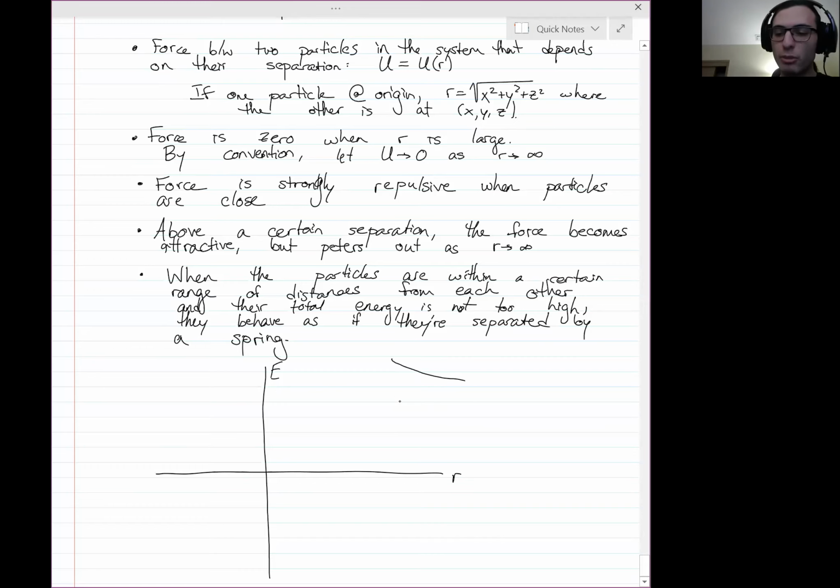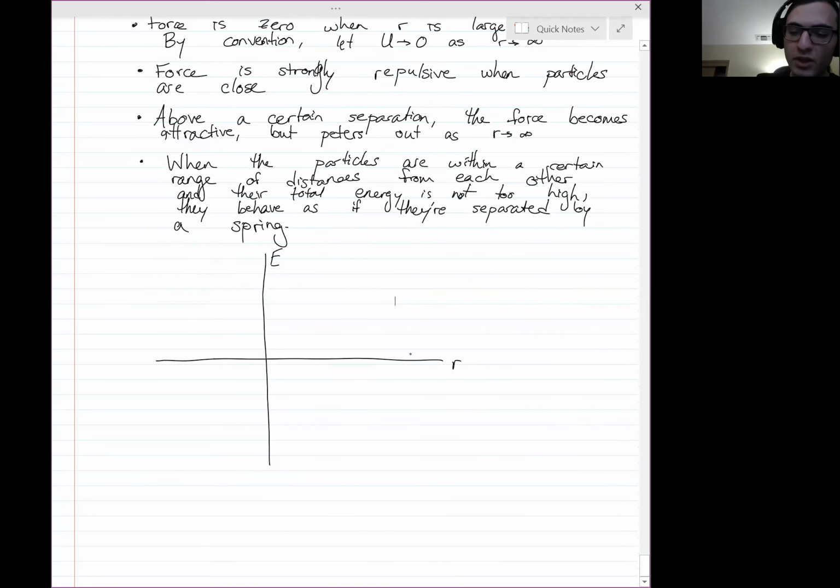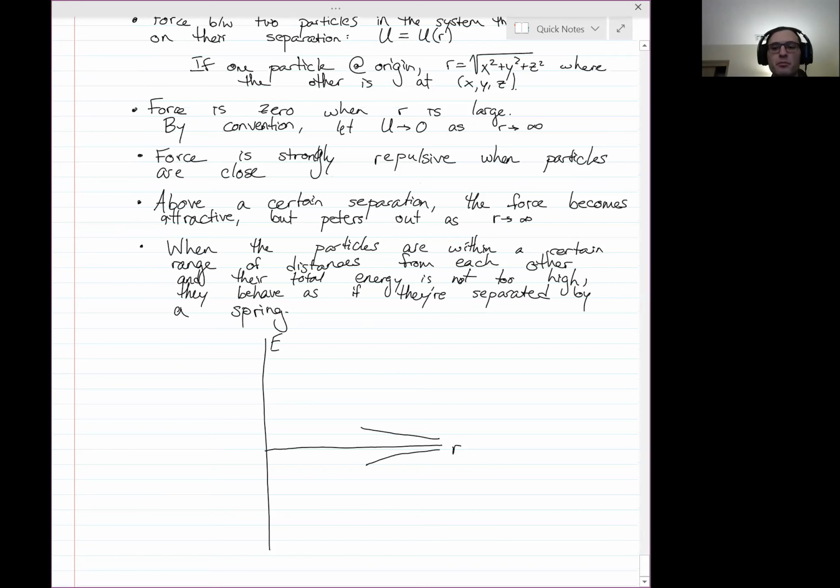Similarly, we choose the convention that the potential energy goes to 0 as r goes to infinity. So we could have either something sloping up or something sloping down. Those are two possibilities for large values of r. By the way, r can't be negative, so I'm going to erase that negative side because r is a distance. It doesn't make sense to talk about negative distance.